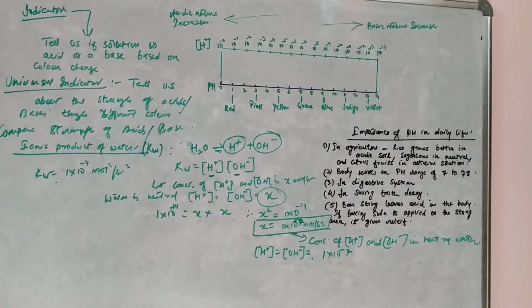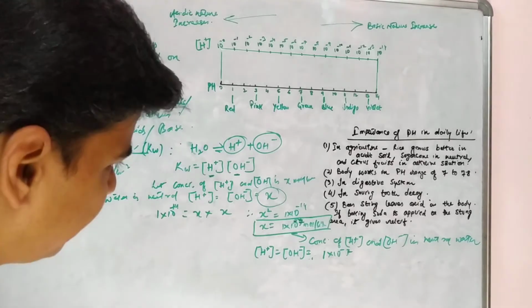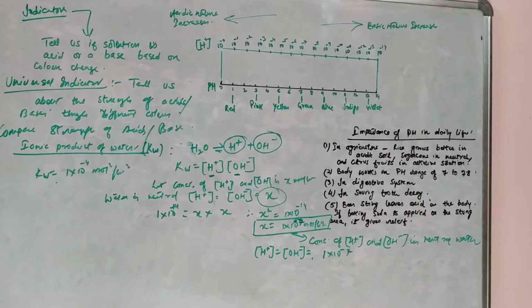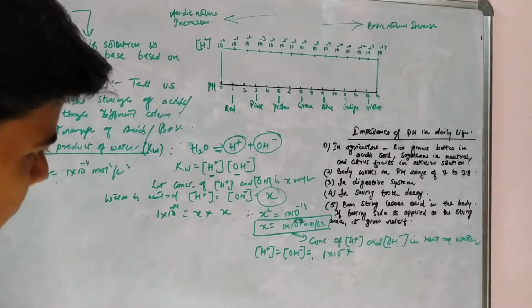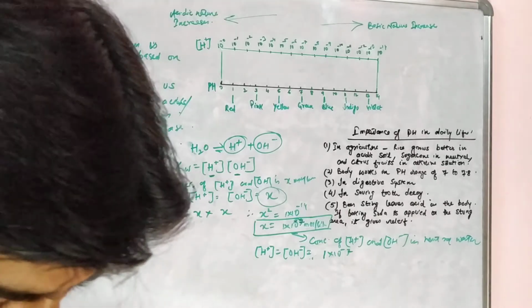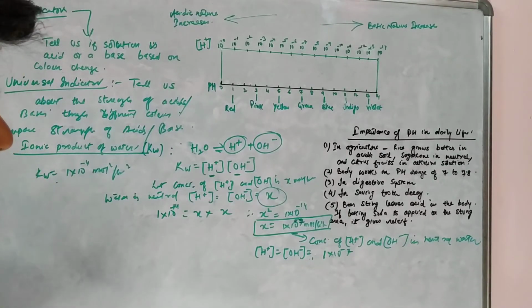Now, since we have the values of hydrogen and hydroxyl ion, we will define pH.